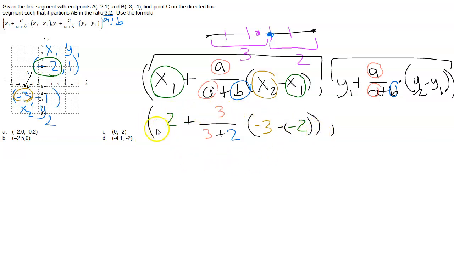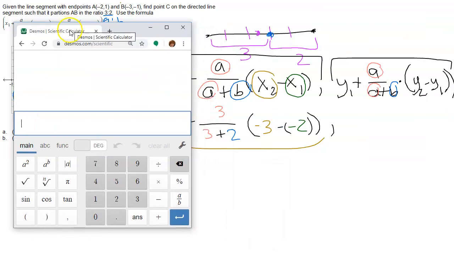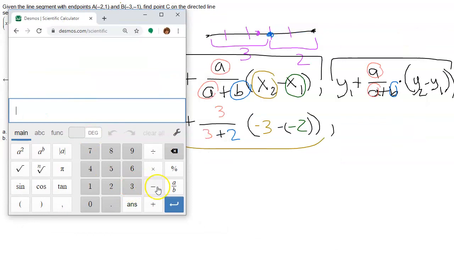All of this first part will combine down to one number, most likely a decimal, because it's pretty complicated, so that usually ends up not as nice, but it could be a whole number. We have a couple options. We could do this all by hand until we need the calculator, or we could plug the whole thing into a calculator. One of my favorite calculators is the Desmos Online Scientific Calculator. It's very useful. So there was the -2 to start with. We type in the -2.